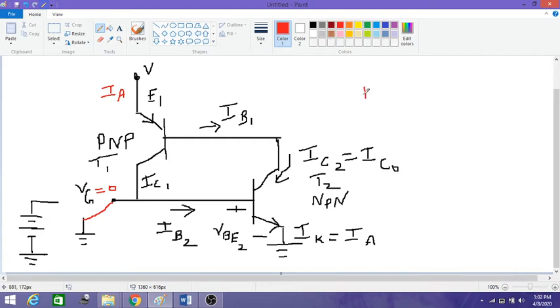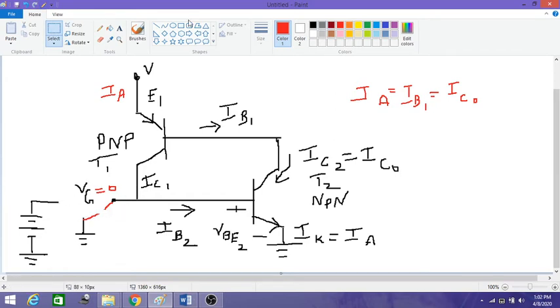So we can write here that IA is equal to IB1, is equal to IC naught, which is negligibly small, so the SCR will remain in off state.